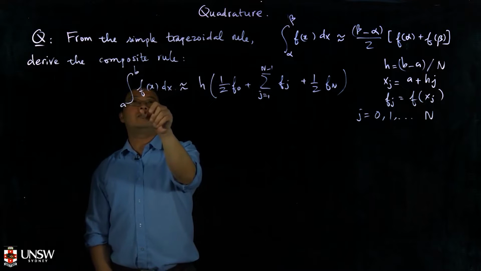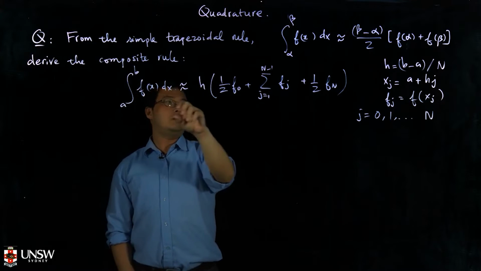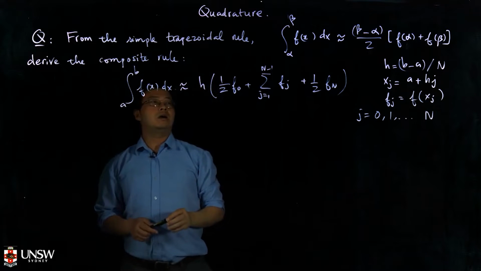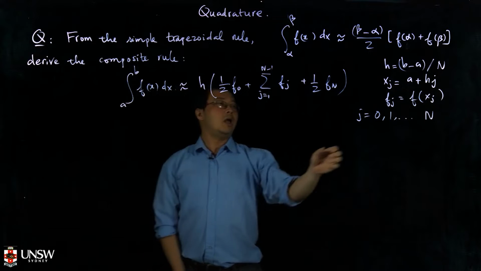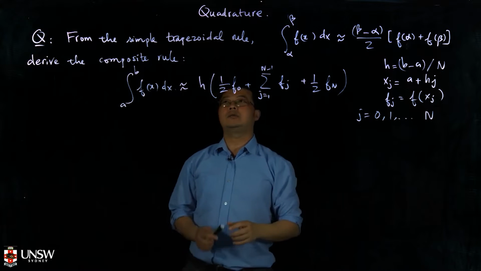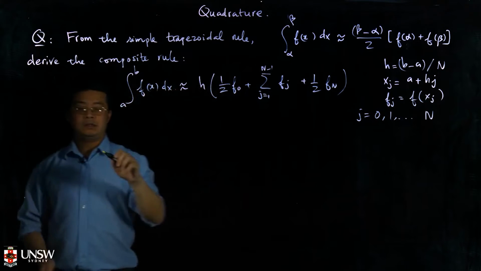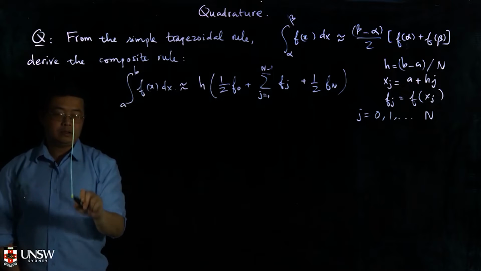How can I derive the composite rule when I divide the area under the curve into n equally spaced trapeziums? So let me draw pictures. The pictures look like this.